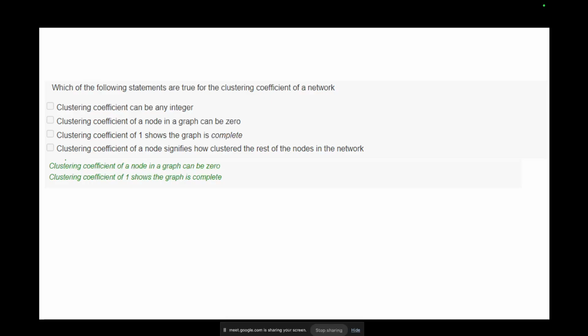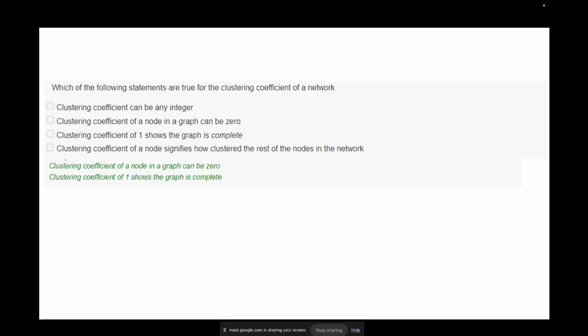A clustering coefficient of a particular node does not give you an idea about the rest of the network. It only gives you an idea about that node and the nodes surrounding it, right? So please don't get confused in these terminologies.